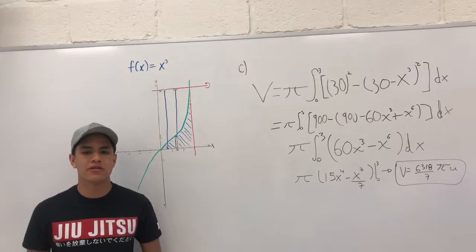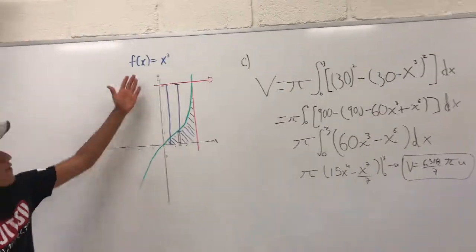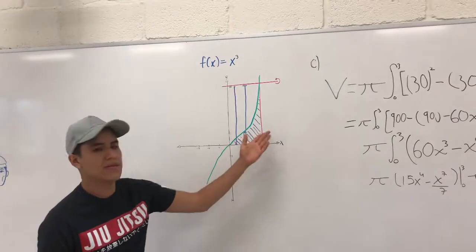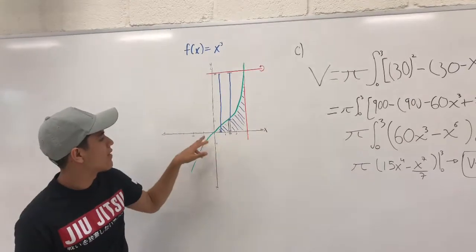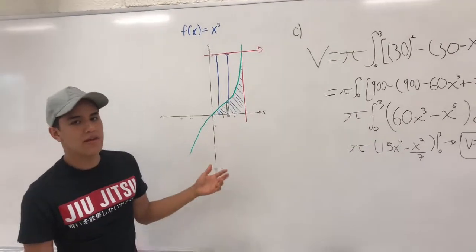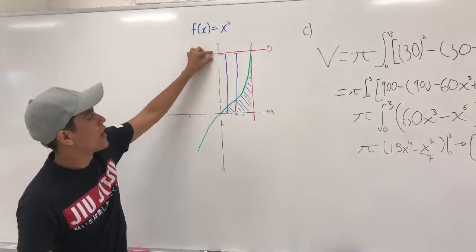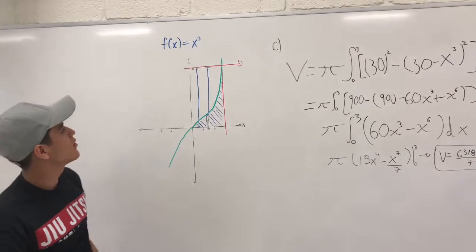Now I am going to explain problem letter C. We have the same function, f of x equals x cubed, and the same limits, x equals 0 and x equals 3, and the x-axis and the function, of course. But now we have the line of rotation at y equals 30.